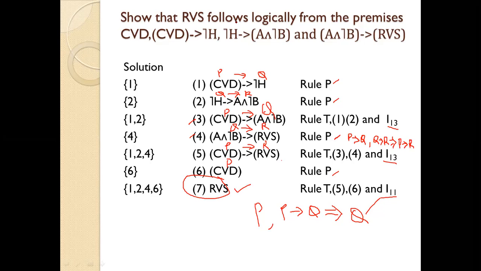Show that R or S follows logically from these premises. So R or S is a valid argument. This is a valid argument. Okay, now I am closing the session.